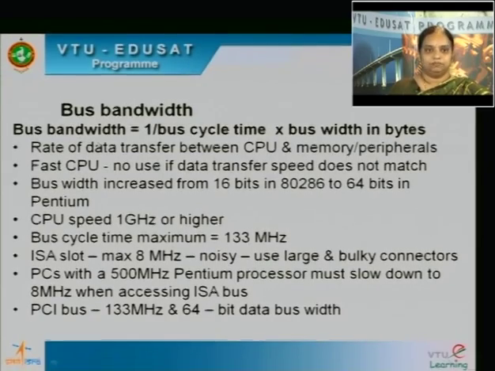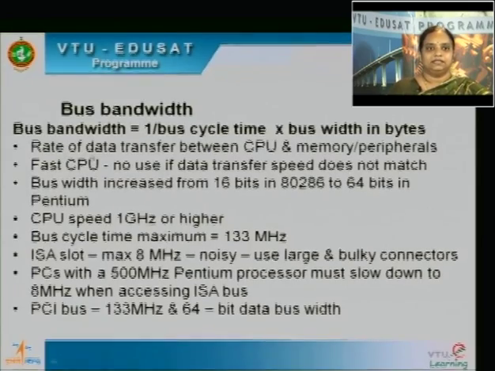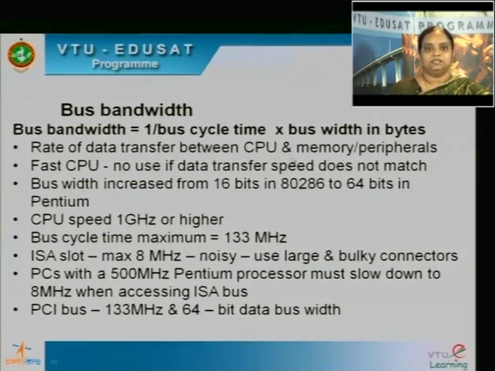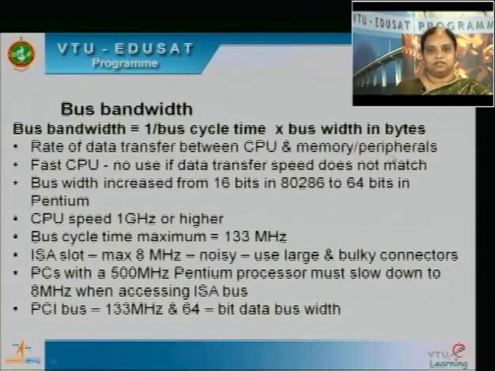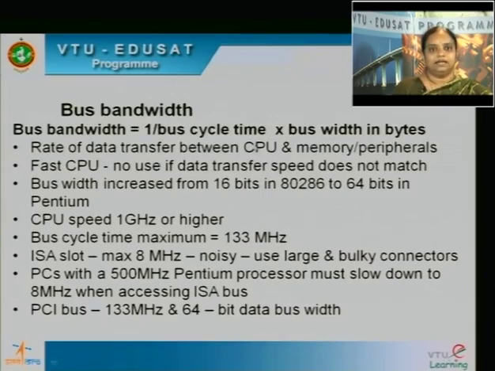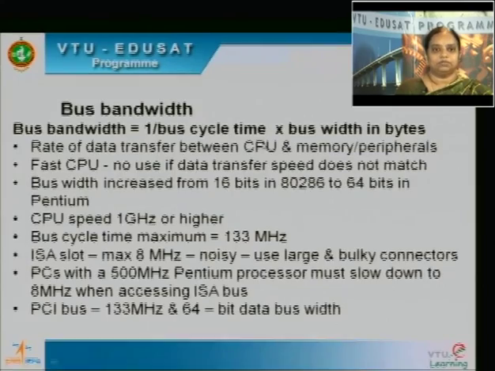What is the definition of bus bandwidth? The bus bandwidth is the rate of data transfer between the CPU and the memory and peripherals. Remember, the memory and the IO peripherals are the outside world, and the CPU has to take the data from these and process.